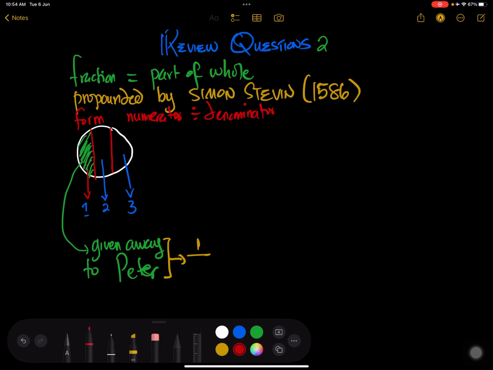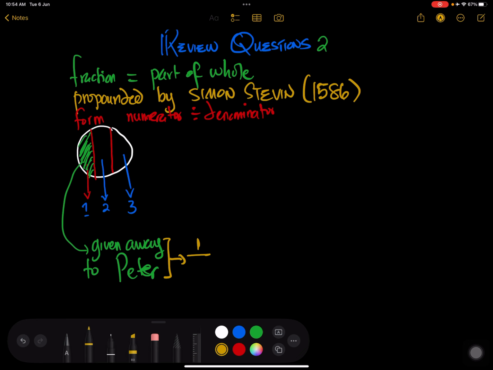It's only one portion that was sliced and given to Peter. There are three slices though, but one of the slices was given to Peter, and that portion we want to express in terms of fraction.